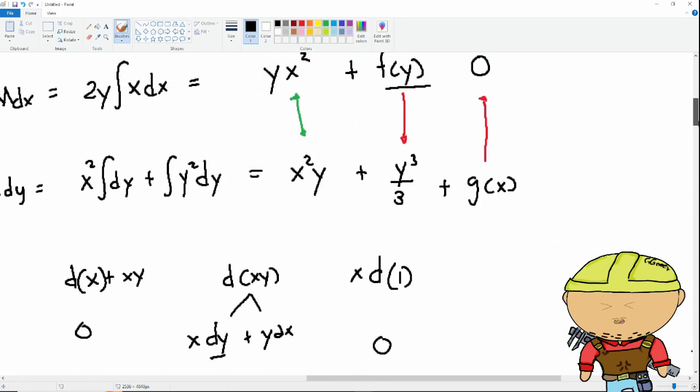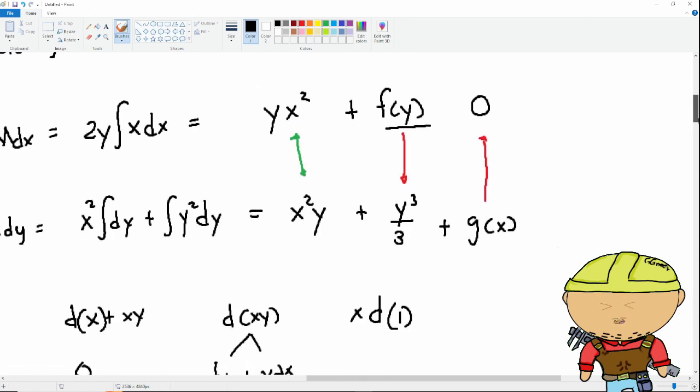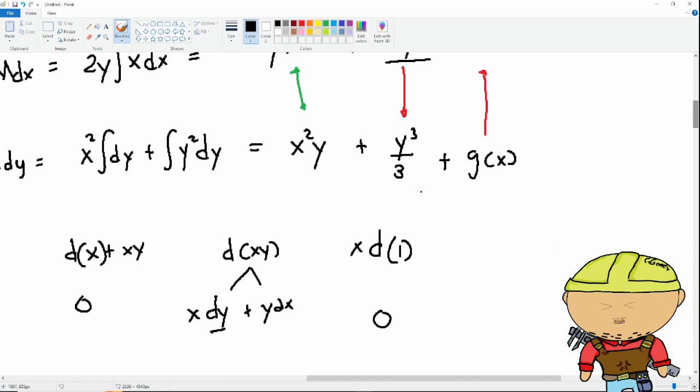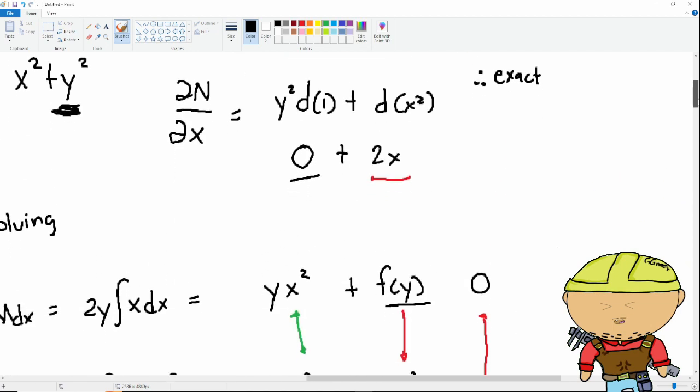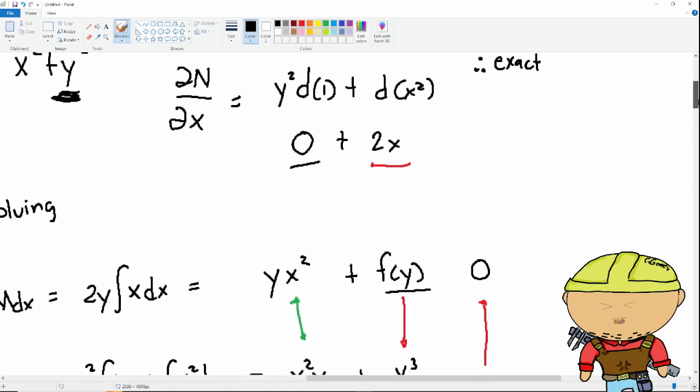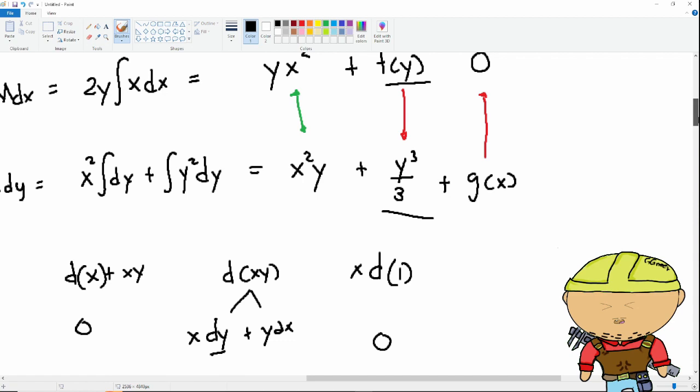So meaning in our general solution, there is a y cubed over 3 term that disappeared when it got differentiated in terms of x.